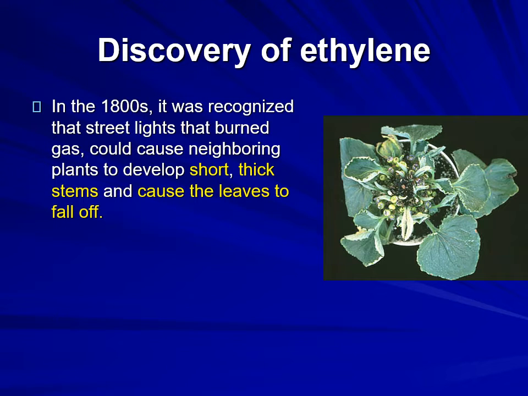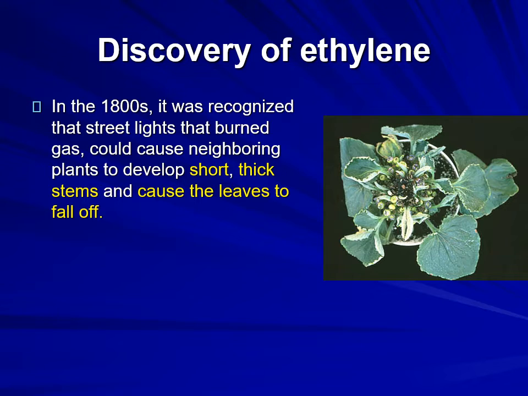Now, ethylene was first discovered in the 1800s. Believe it or not, we've had ornamental plants for a very long time. And many, many years ago, they used to have gas-powered lanterns in the streets so that people could walk in the evening and not stumble around in the dark. And they would have plants near these lanterns. And it was noticed that plants that grew right near the lanterns grew unusually.